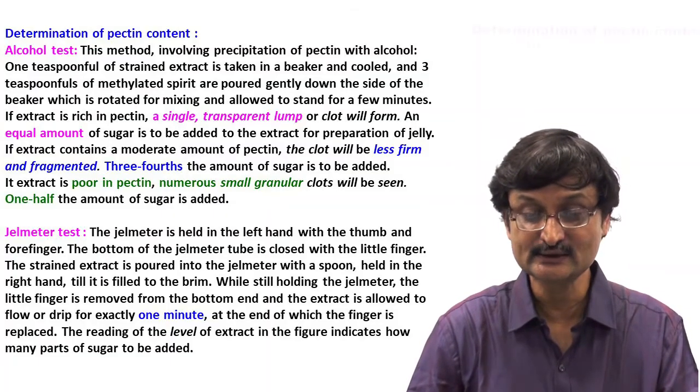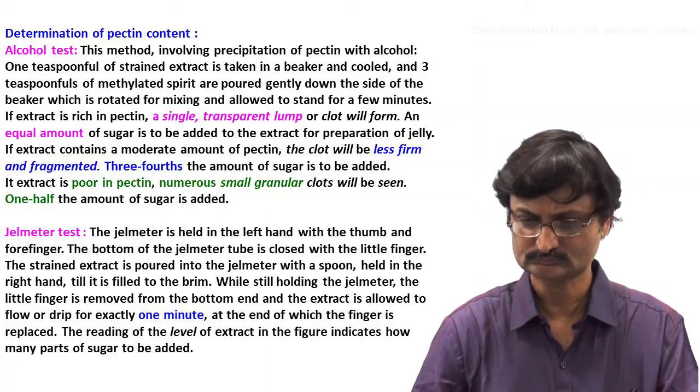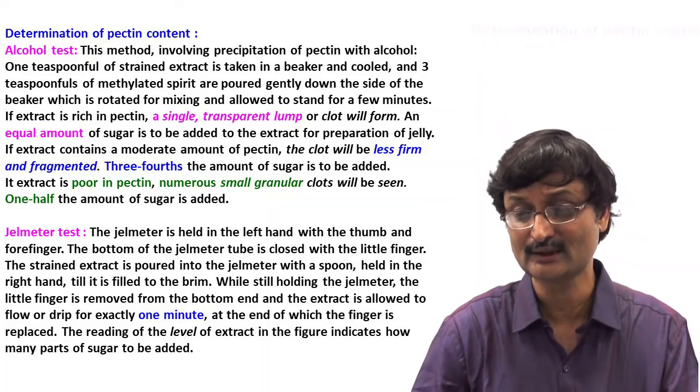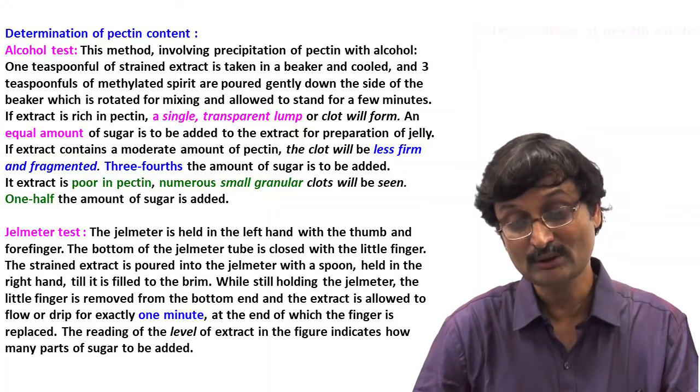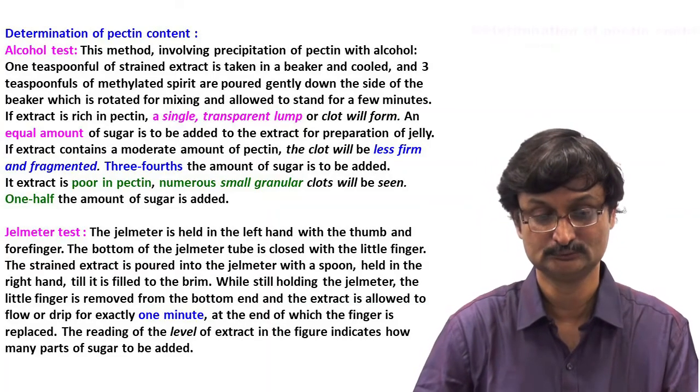If the extract is rich in pectin, a single transparent lump or clot is formed, and in this case an equal amount of sugar is to be added.